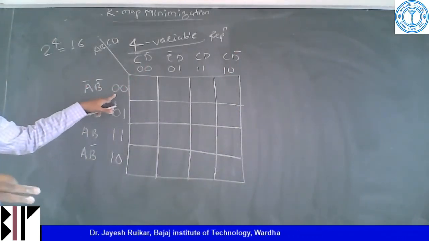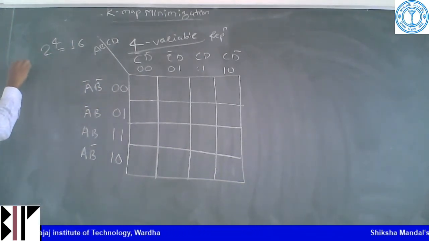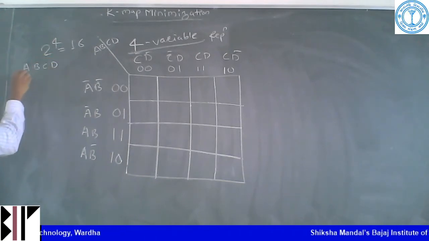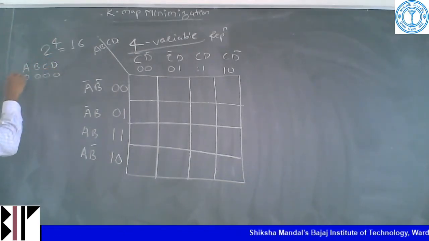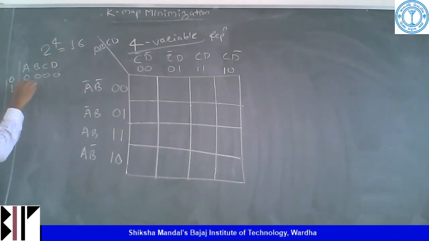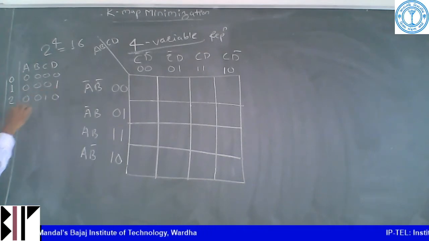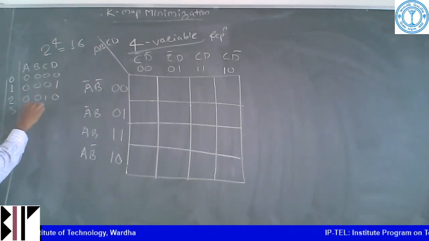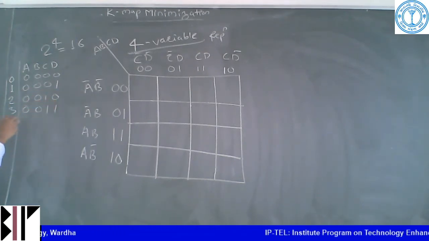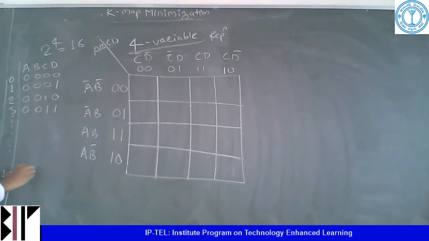Now, if you know the truth table of 4 variables, with A, B, C, D variables, it goes from 0 0 0 0, decimal number 0, then 0 0 0 1, which is 1, then 0 0 1 0, which is 2, then 0 0 1 1, which is 3, and so on up to 15, the last number 1 1 1 1.